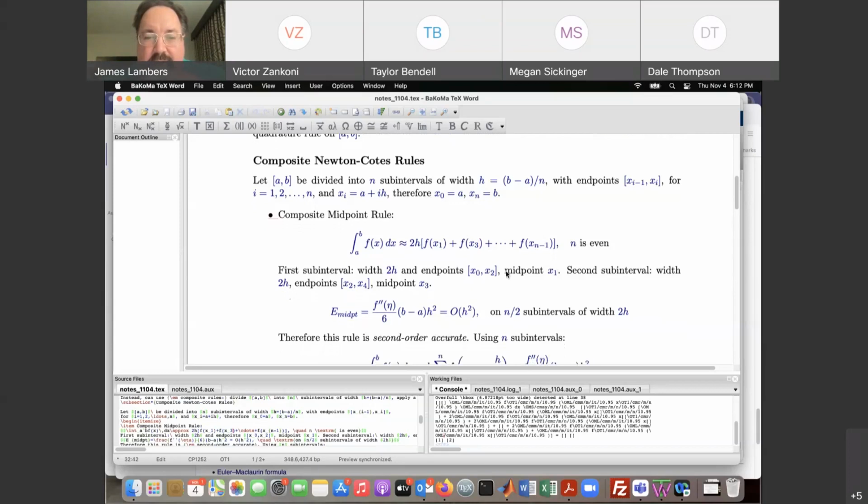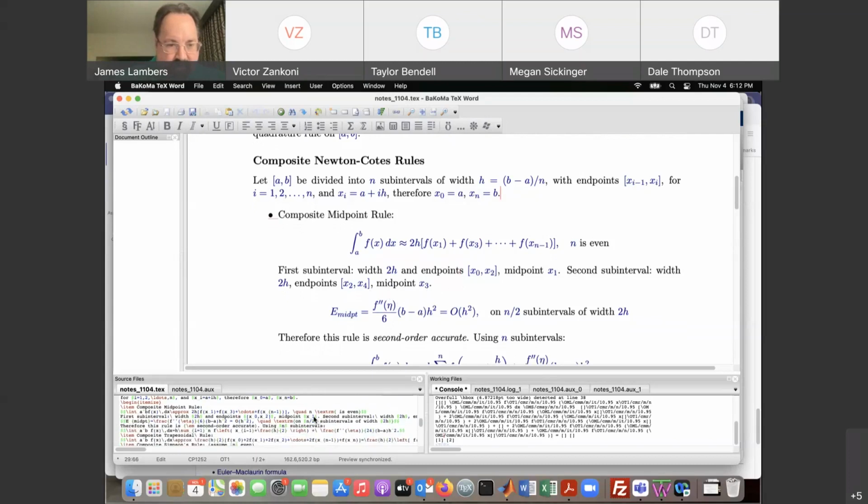So then what I would do is use the error formula for a midpoint rule, which from before was second derivative at an unknown point, divided by 24 times b minus a cubed. Okay, actually going to bring that back here so you can see how this error formula comes from the other.